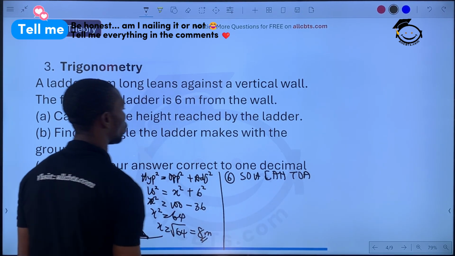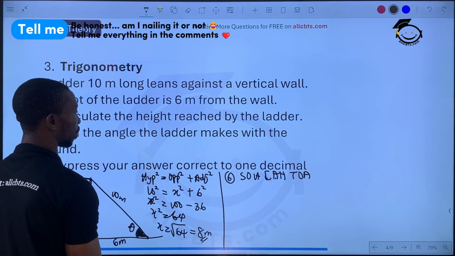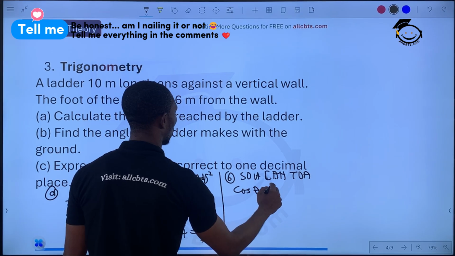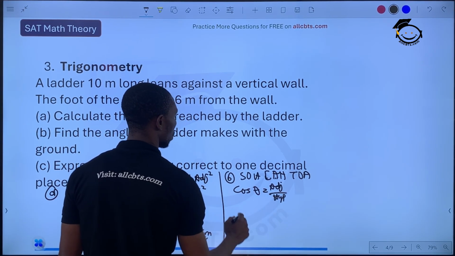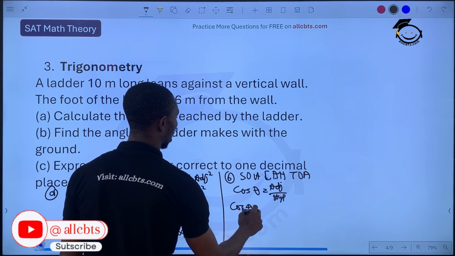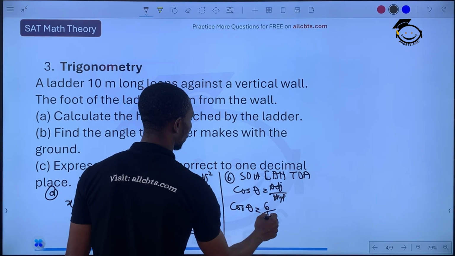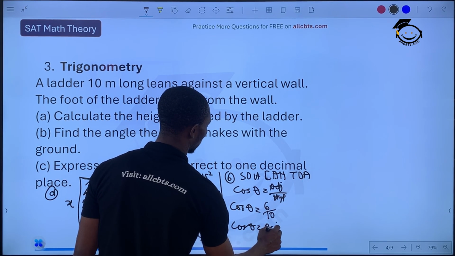That will be cosine, since we have adjacent and hypotenuse. So cos theta equals adjacent over hypotenuse. So cos theta equals 6 over 10, so cos theta equals 0.6.